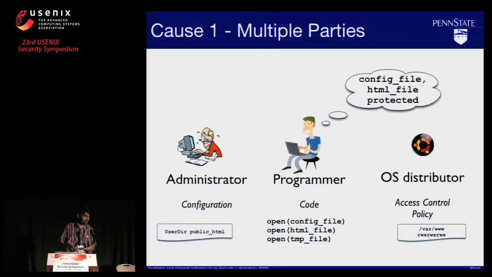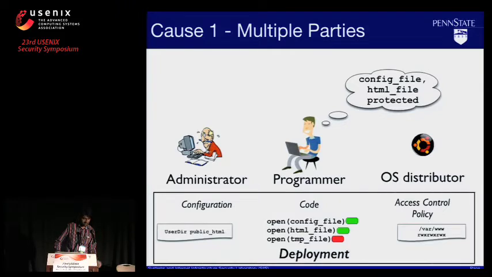Suppose the programmer sits down to write his code, and he thinks, okay, my config file and the HTML file are going to be protected by the system's access control policy. Therefore, I need not write code to protect those resource accesses, right? So that is what he does. The green ones indicate where he assumes that there is going to be no adversarial access.